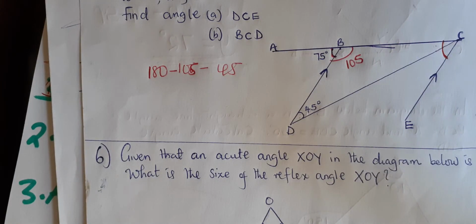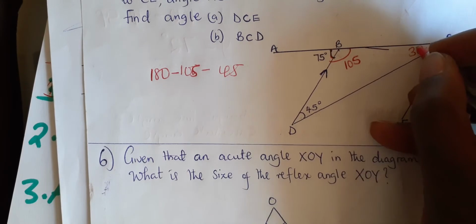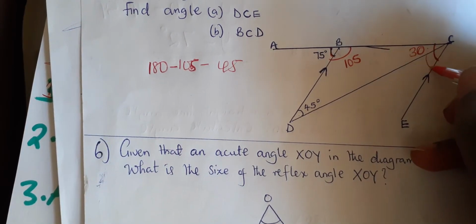Are we together? So we say 180 minus 105 minus 45. What are we getting? This is going to give us 30.